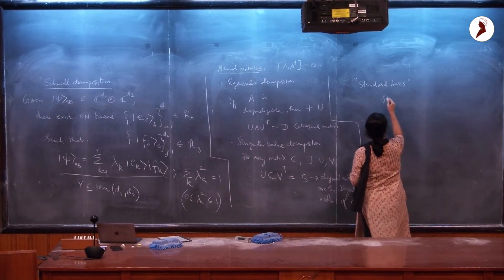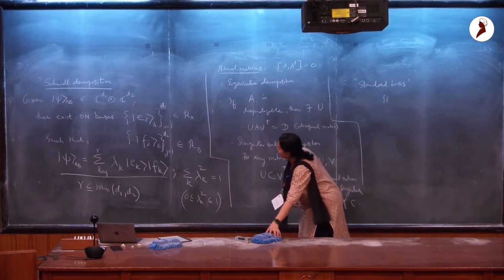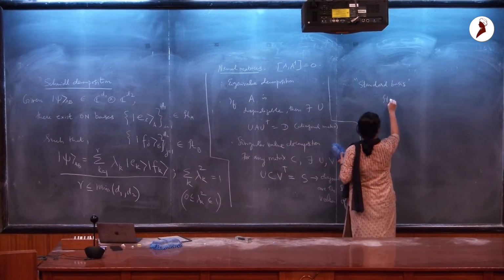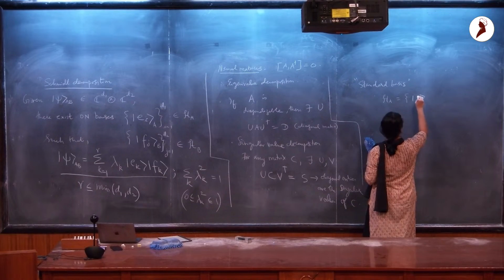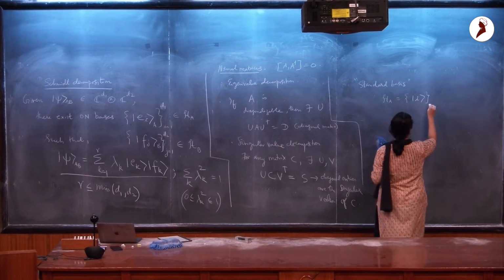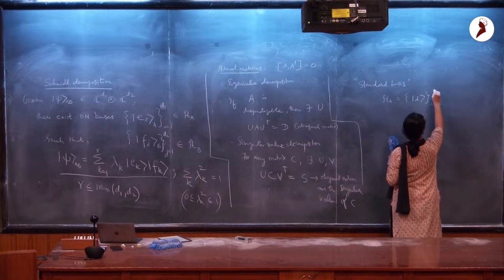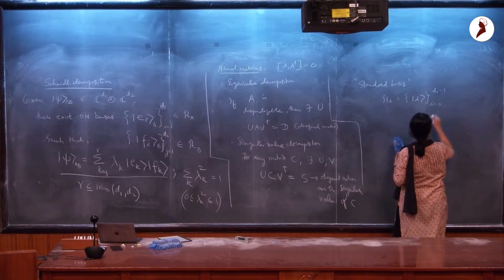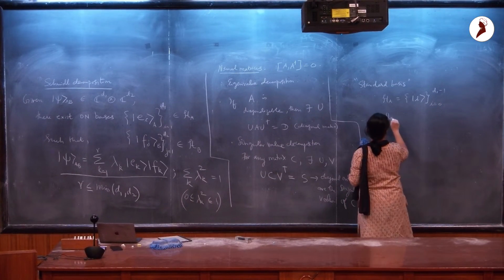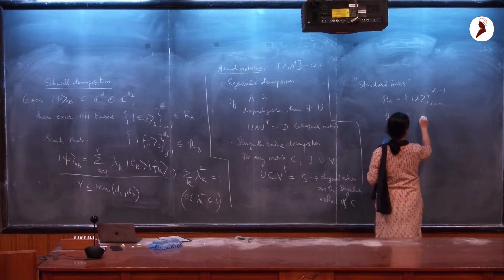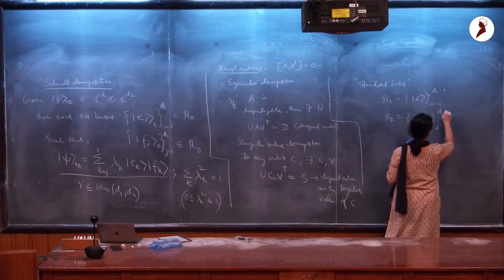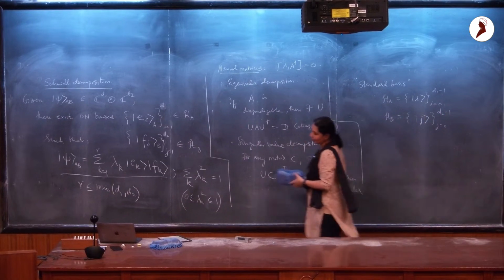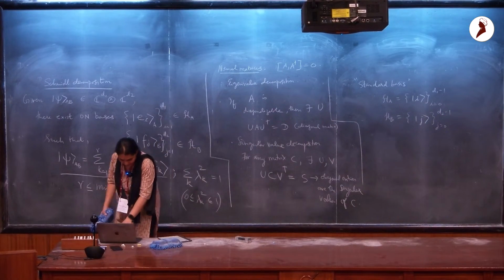So for the first subsystem A, let me call this some I going from 0 to D1 minus 1, and HB has some other standard basis J going from 0 to D2 minus 1. I'm going to run into some index problems, but that's okay. We can keep changing around the indices.